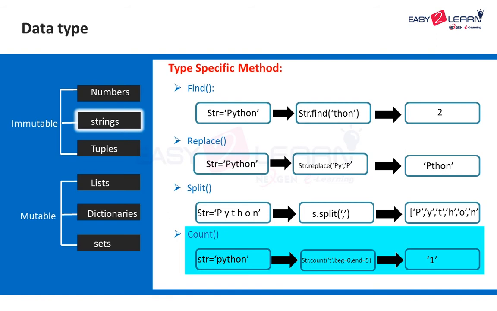I am checking from the first position to the 6th position. It will be considered to be 0 because, as I mentioned earlier, Python starts indexing from 0. So you don't need to specify begin equal to 0 and end equal to 0. You have to specify 0, 6, and then it would begin the counting. I will show you these 4 operations practically.